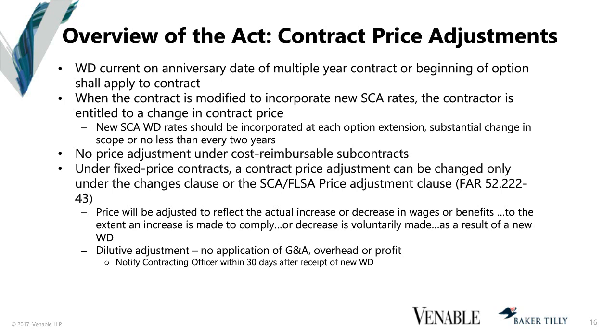There's a mechanism to be paid under the price adjustment clause to receive an adjustment to comply with any wage change or other change associated with the new wage determination. These also should be incorporated if there's any significant change to the scope of the contract, and at a minimum no less than every 2 years.